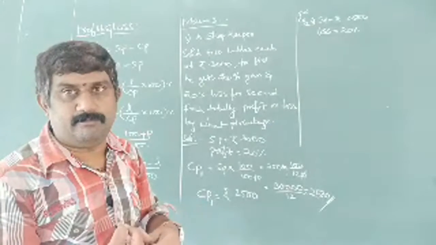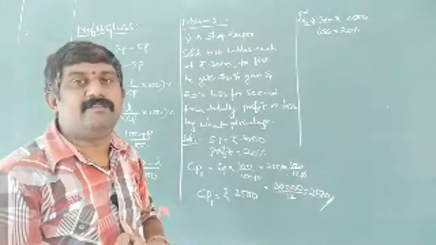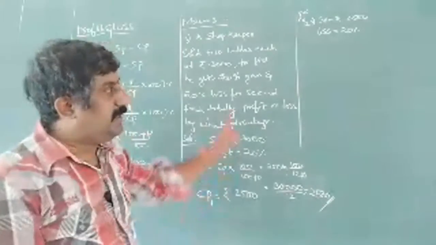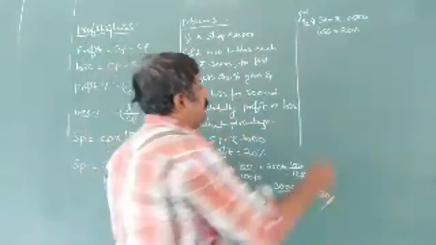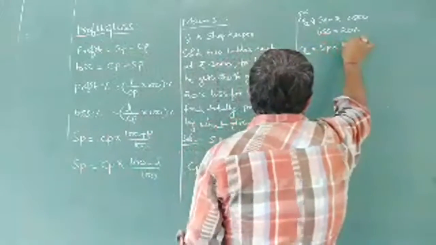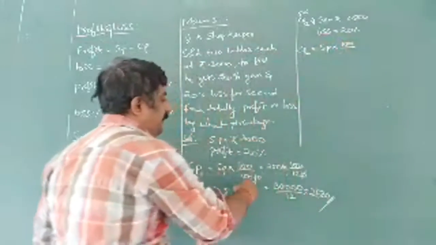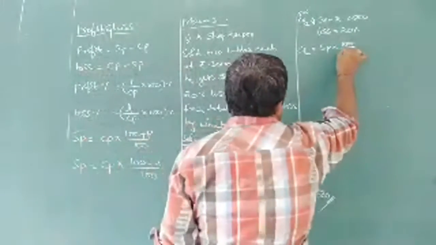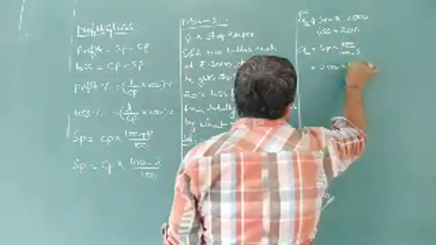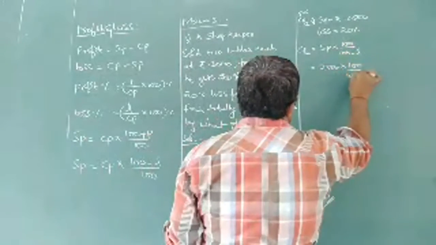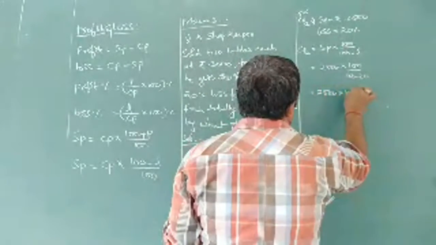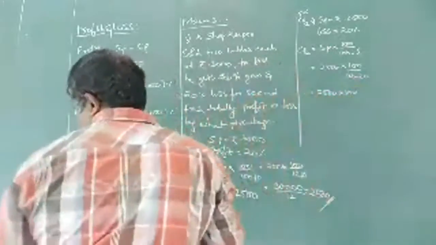So both are same. No, it won't be, because these will depend on cost prices. So let us find the cost price of first table, cost price of second table here. So CP2 is equal to SP into 100 by, for profit we took plus, now we are taking minus, 100 minus loss. 3,000 into 100 by 100 minus 20.